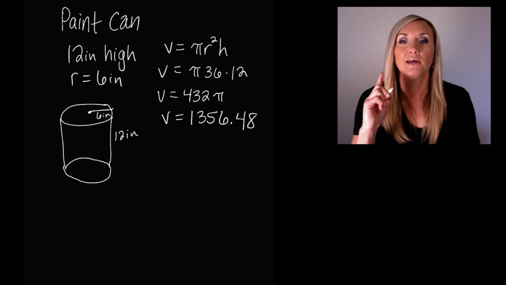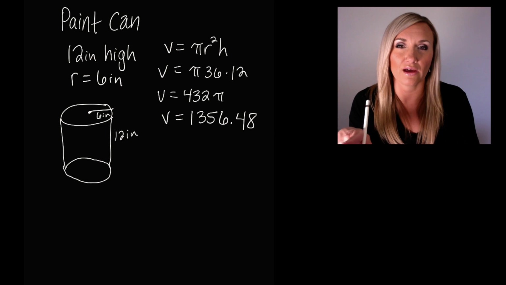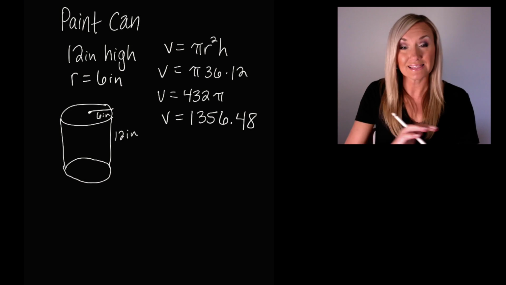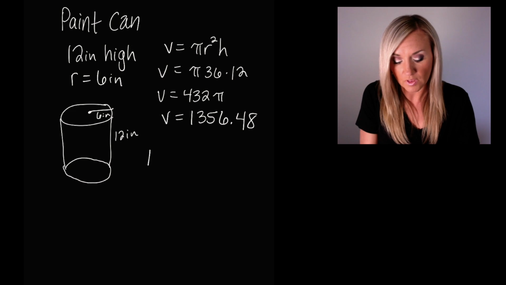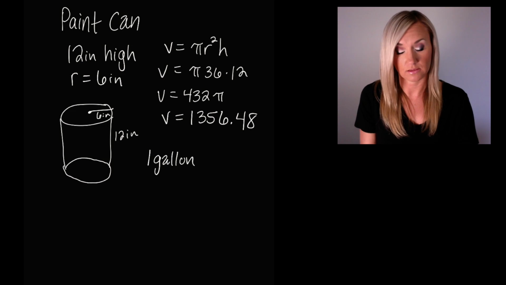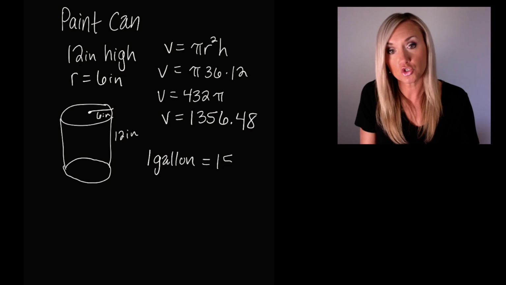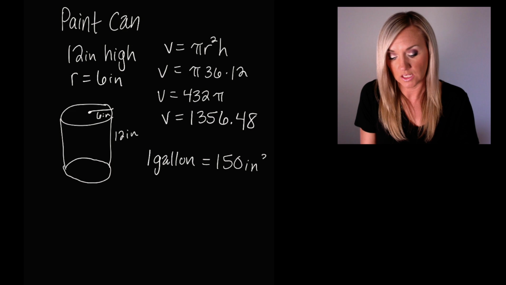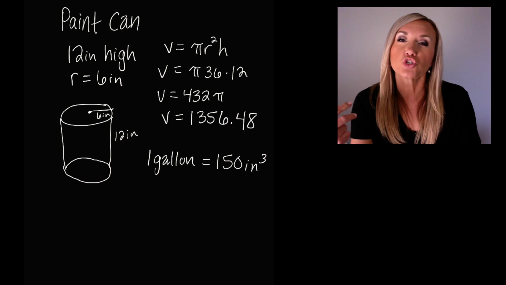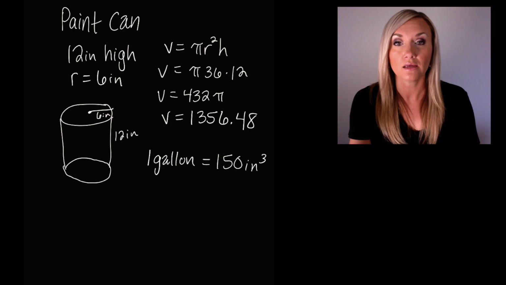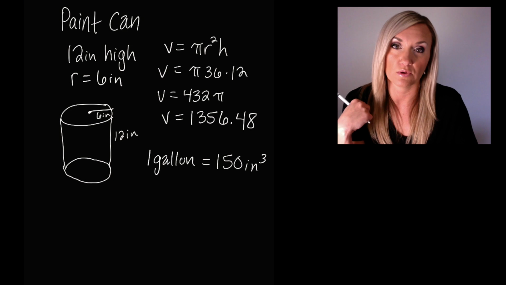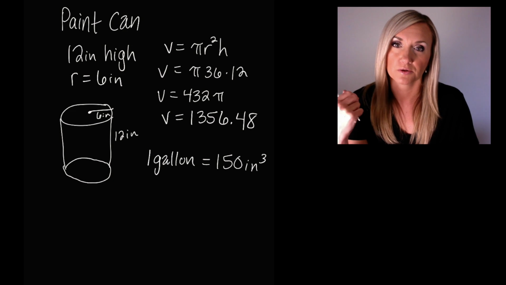Now, I don't want you to round that 48 to a 5 just yet, because let's just say that 1 gallon of paint is 150 inches cubed. So how many gallons of paint are in that paint can if we found the volume in inches cubed?